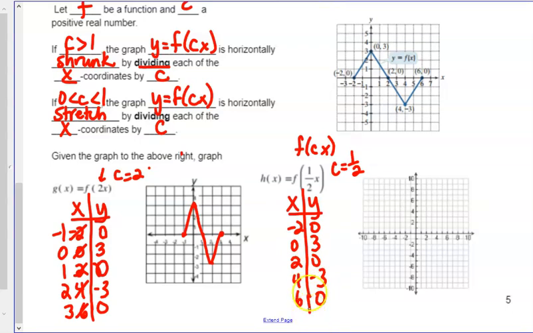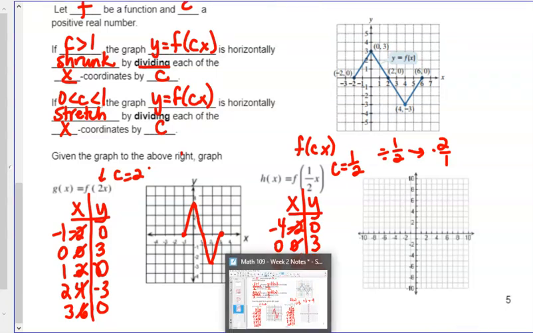So what I need to do is take all these x coordinates and divide by 1/2. Now, when we divide by a fraction, remember the rule is you multiply by the reciprocal of the second. So that means I have to multiply by 2. Dividing by 1/2 is the same as multiplying by 2. So that's what we need to do to each one of these x coordinates to get the new coordinates of my graph.